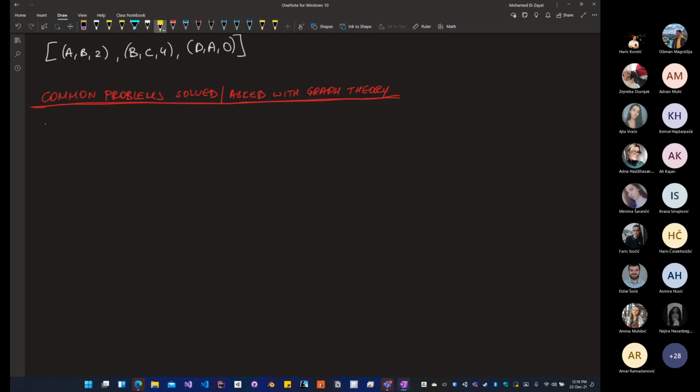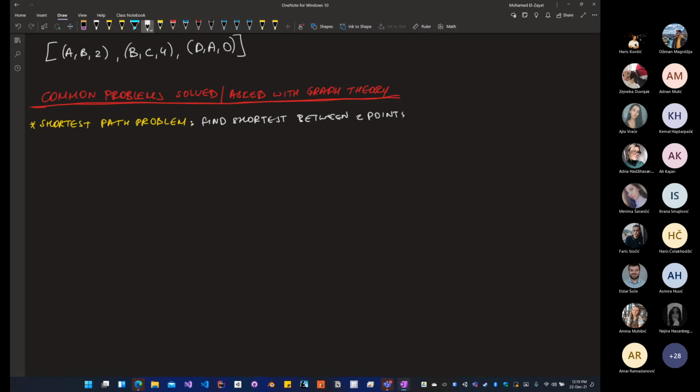You have a problem which is the shortest path problem, which I have already mentioned. So you would like to find the shortest path between two points.